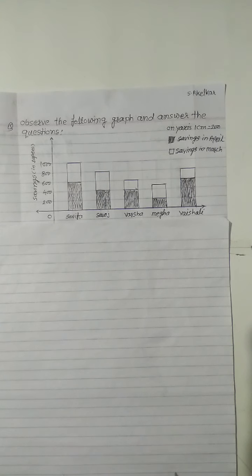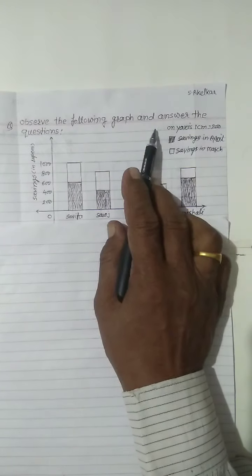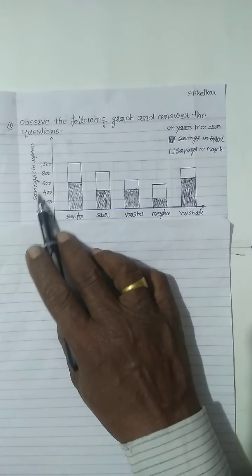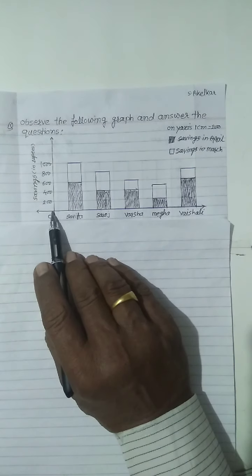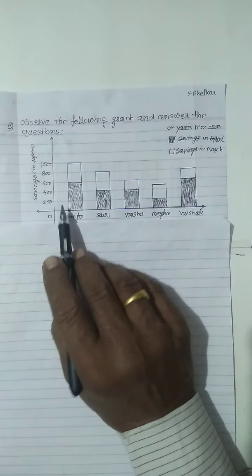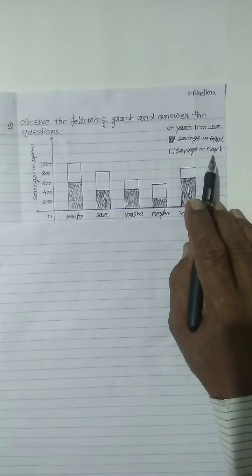Today we are going to see some examples which depend on statistics. See the example. Observe the following graph and answer the question. Now in this graph, saving in rupees for each 1 centimeter is 200, and see the saving in April and saving in March.